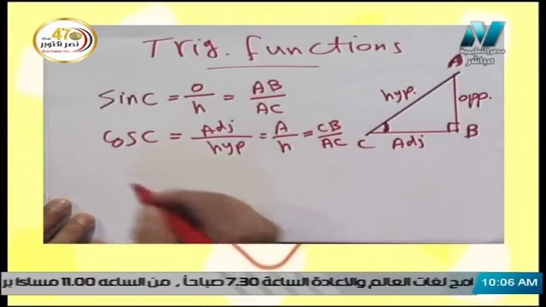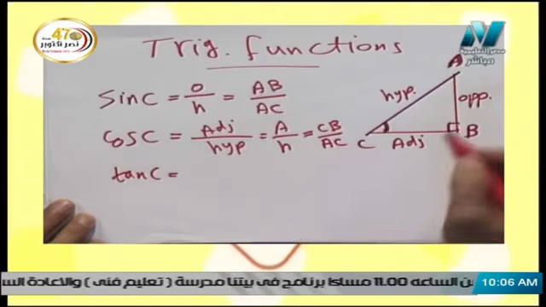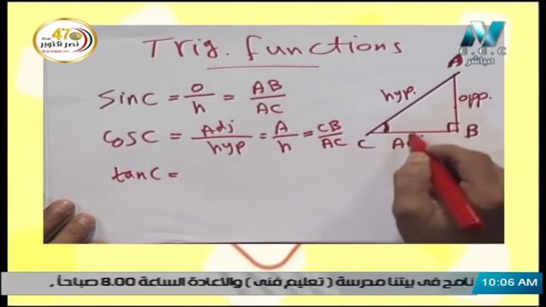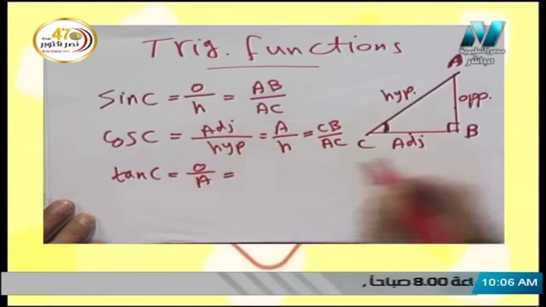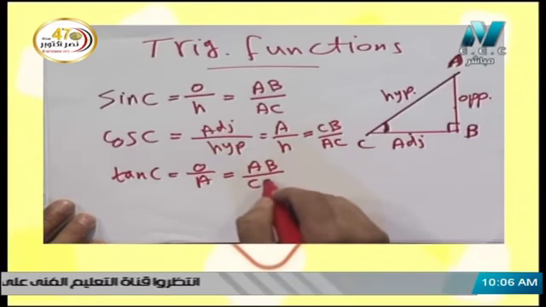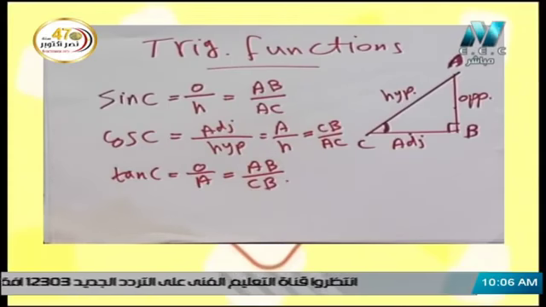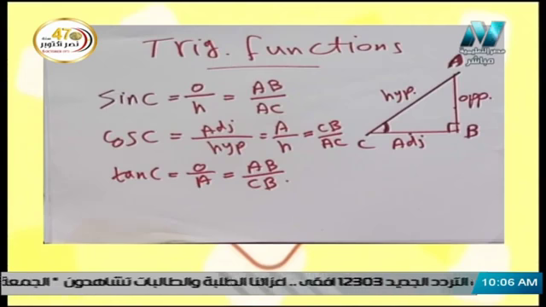And we know about tan C. Tan C here is the opposite over adjacent, so it's AB over CB.